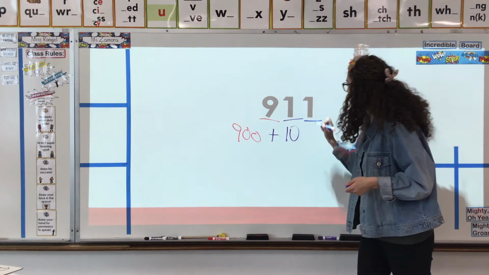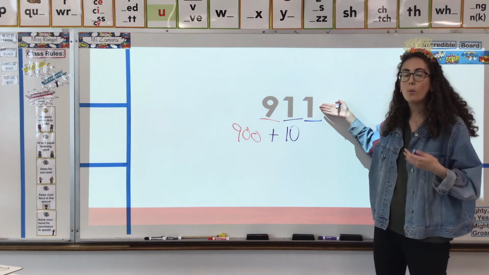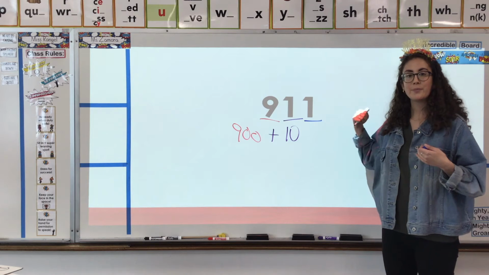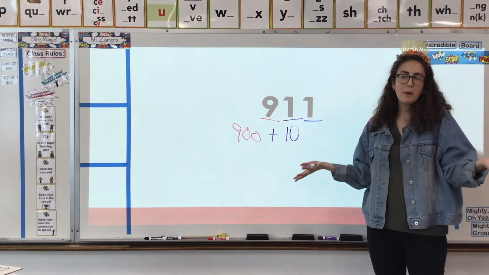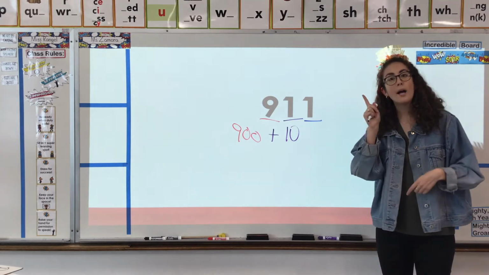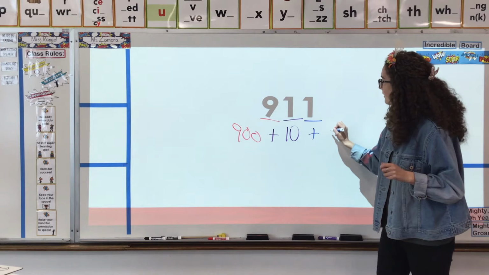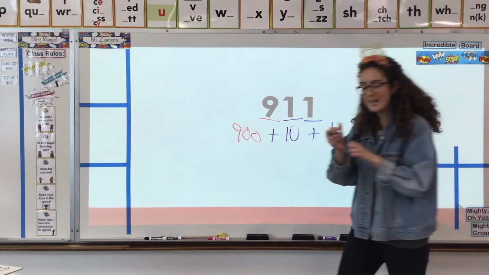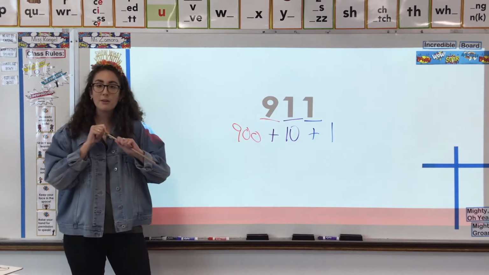And this final one, this digit 1 is in what place? The ones place. And what's the value of 1? 1. Just 1, exactly. Good job. So can you read it with me?